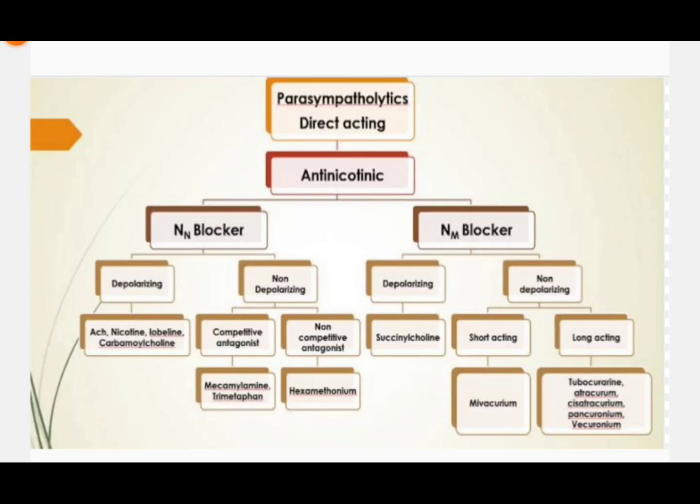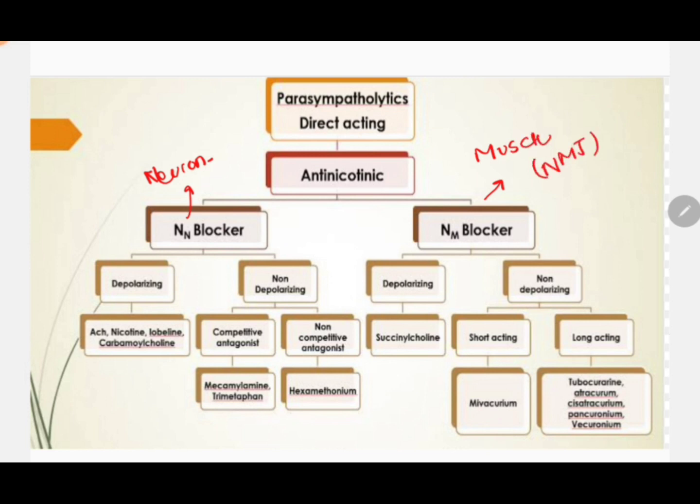For the antinicotinic drugs, we have two kinds of nicotinic receptors. There are two subclasses: NN, the neuronal nicotinic receptors, which are present in the neurons, and NM, which are present in the muscle, at the neuromuscular junction.